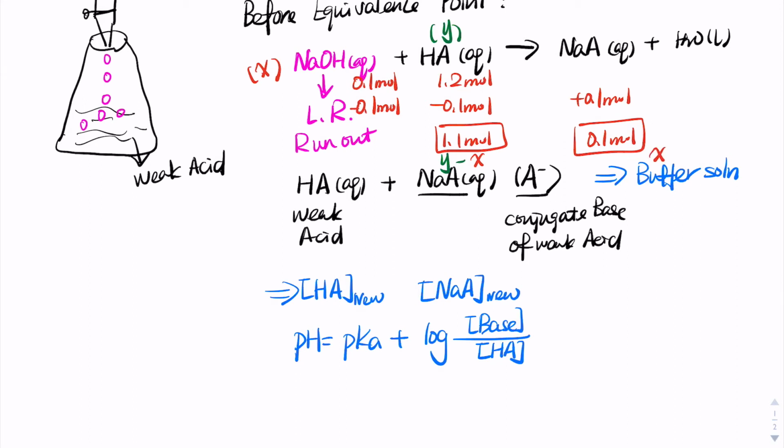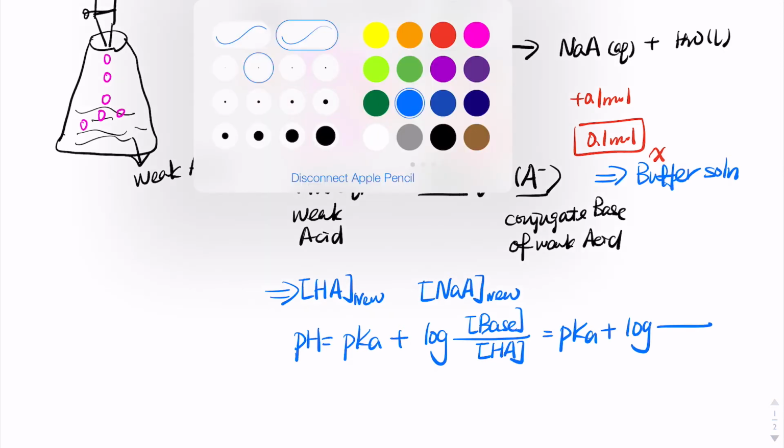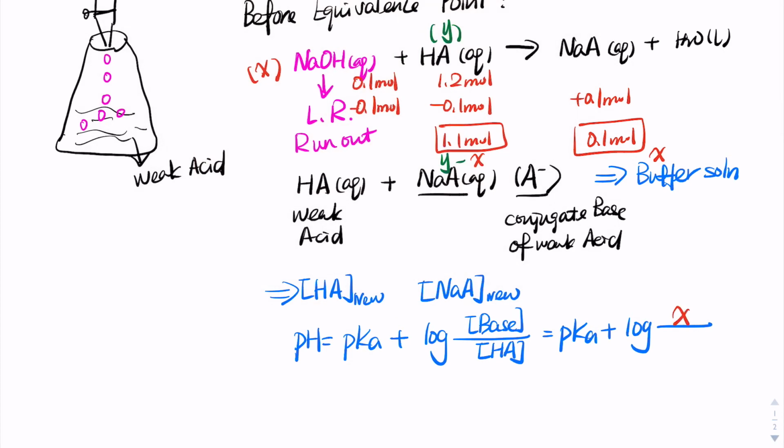If you plug that in, this will be the pKa plus log of x, whatever you're adding, over y minus x. Then you do this, and that should give you the pH value. Of course, for pKa you have to take the negative log of the Ka, then you can calculate the pH at this moment.